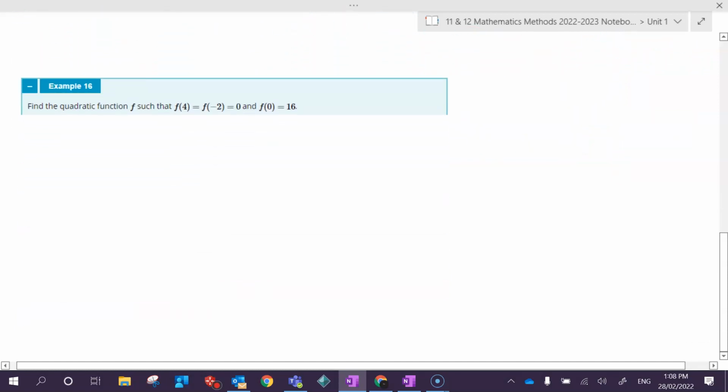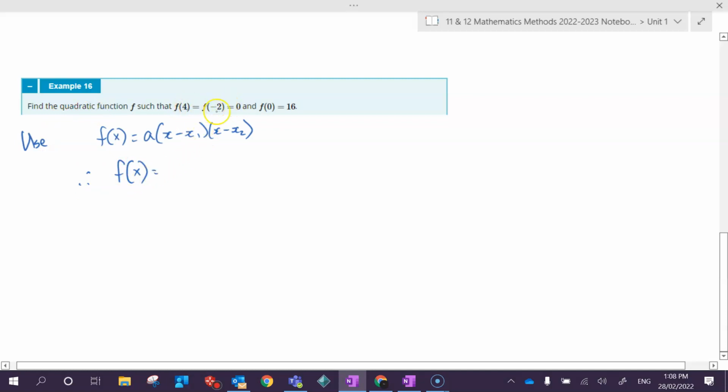Last one there, same thing, a quadratic function. This time it told me f of 4 equals f of negative 2 equals 0. This is important because here I've been given two intercepts. I can see it equals 0. If I'm given the intercepts, I'm going to use my intercept form: x minus the first x-intercept, x minus the second x-intercept. So now I've got f of x must be something.